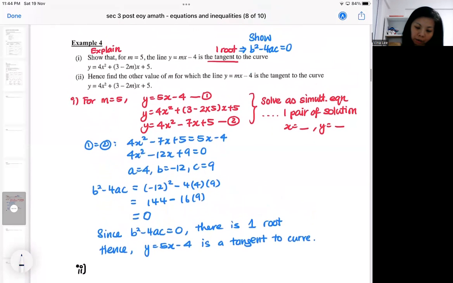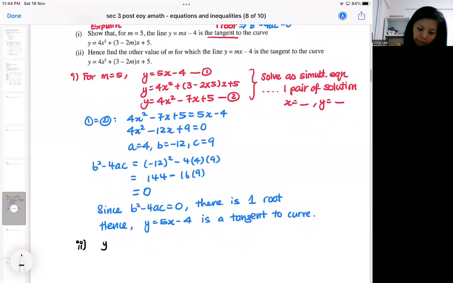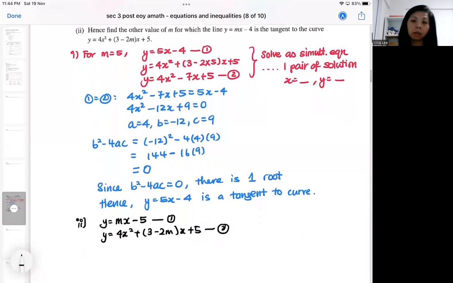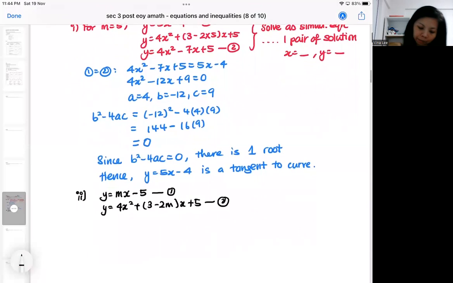You're going to still execute the same thing, but you're going to execute it with m not being known. So you're going to redo the whole thing. Again, in a way, you're going to repeat the whole step.